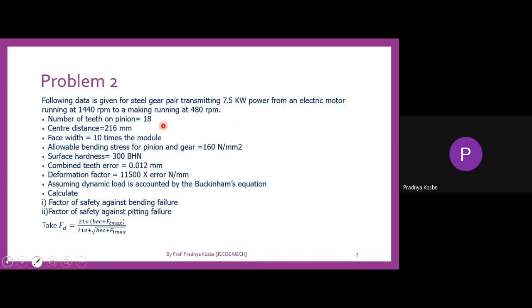Number of teeth on pinion equal to 18. Center distance 216 mm. Face width is 10 times the module. Allowable bending stress for pinion and gear are 160 Newton per mm square.